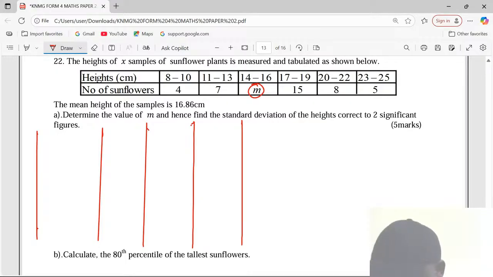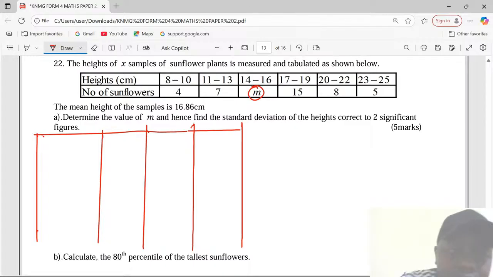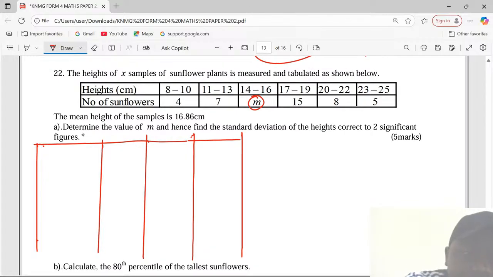We talk about the midpoints or the marks, the heights, the frequencies, the midpoints X, then fx, frequency times midpoint.